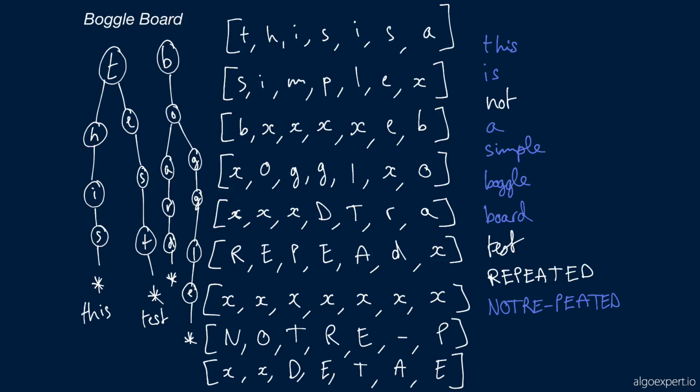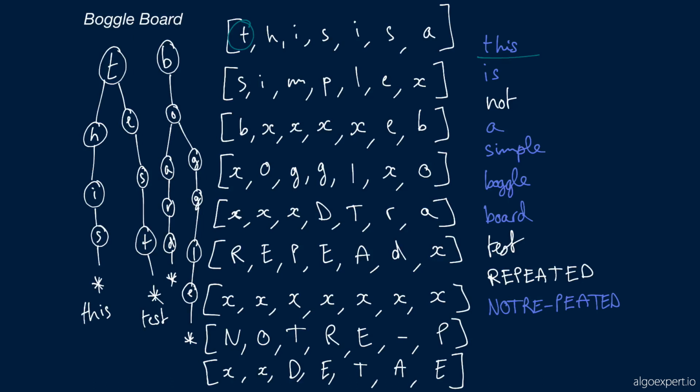Okay? And so what that means now is that we can do this sort of string matching as we traverse our boggle board very easily in constant time by using this tree. For instance, if we start at the top left corner, we're at this T in the top left corner of the boggle board. Instead of having to iterate through all of our words to say, oh, which words start with the T?